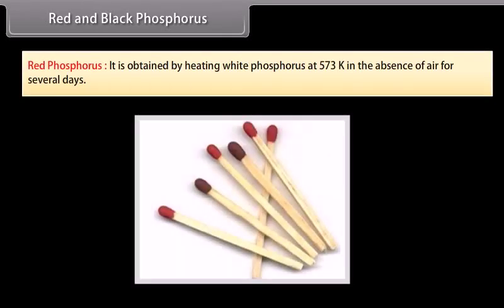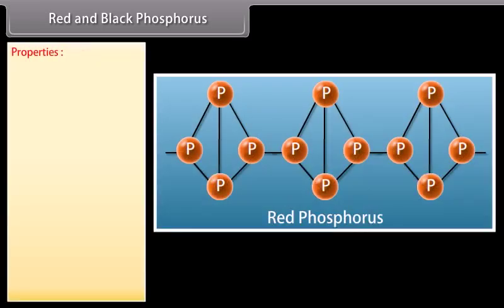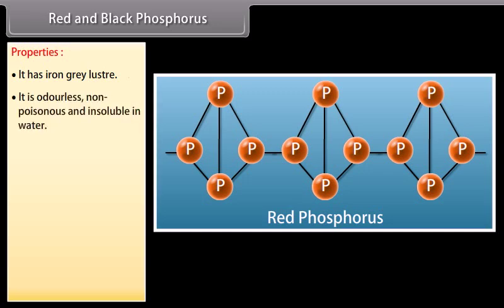Red and black phosphorus. Red phosphorus is obtained by heating white phosphorus at 573 Kelvin in the absence of air for several days. Properties. It has an iron-grey luster. It is odorless, non-poisonous and insoluble in water.